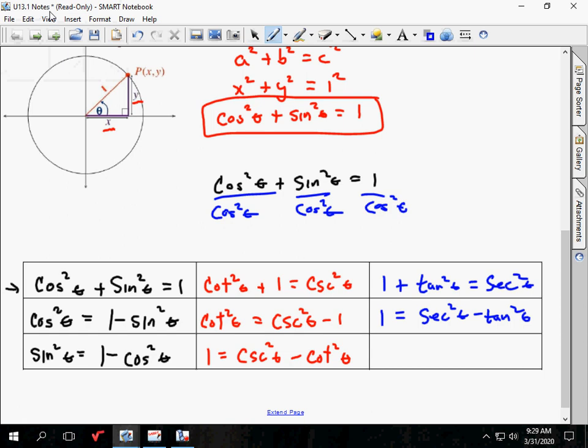Now what I could do is get tangent squared by itself, and to do that, I would subtract 1 over. So you can see here's 9 versions just coming from that main one, cosine squared plus sine squared equals 1. So let's keep going, and we'll keep referring back to those identities.